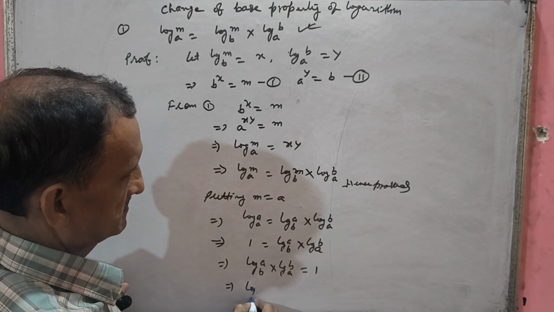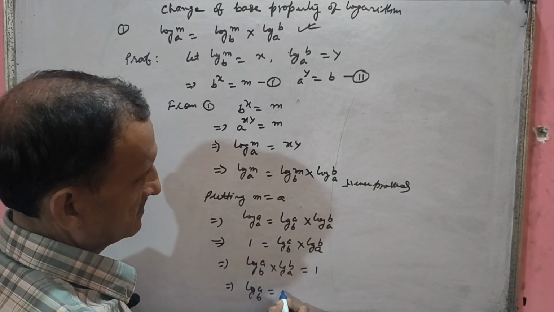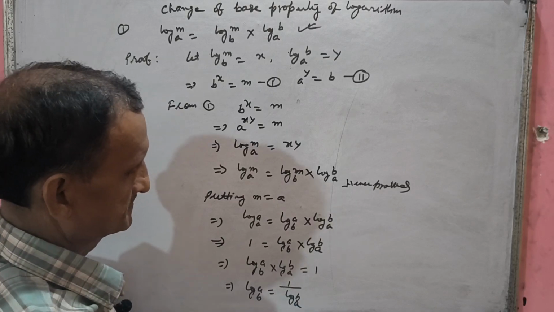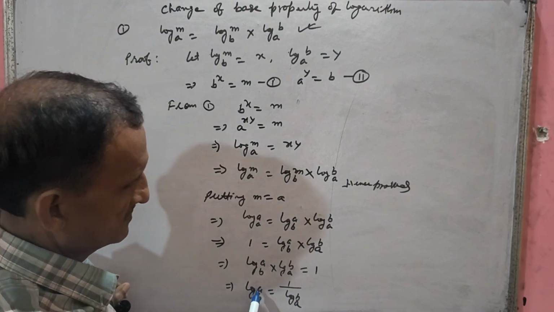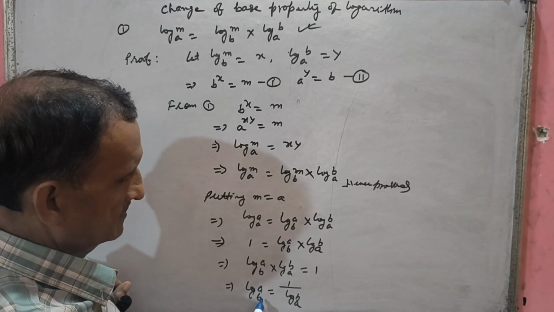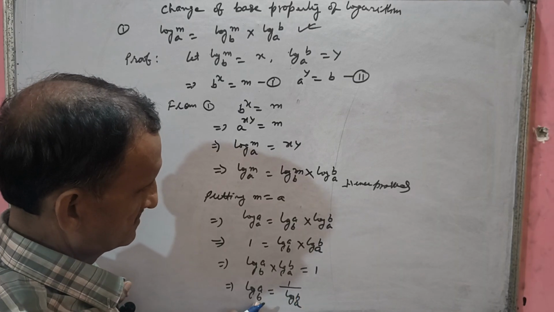So what will we get? Log a to the base b, what is this equal to? Transpose this side, so it will be 1 by log b to the base a. Understood this? See this result carefully. Log a to the base b equals 1 by log b to the base a. What is the base here? b.